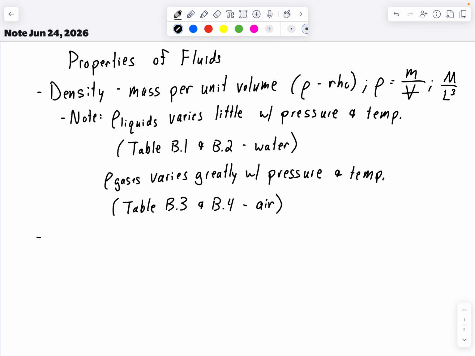Our second property that we're going to look at is the specific weight. Now, specific weight is the weight per unit volume. So density is the mass per unit volume. Specific weight is the weight per unit volume.